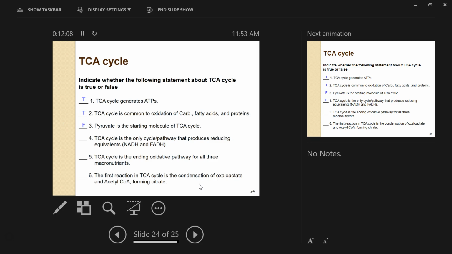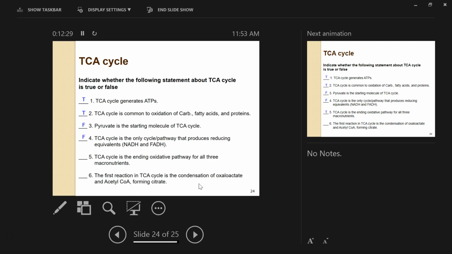Yes, you're right. And number 4, the TCA cycle is the only cyclic pathway that produces reducing equivalents like NADH. Which other pathway can produce them? No, that is NADPH. Yeah, glycolysis, right?